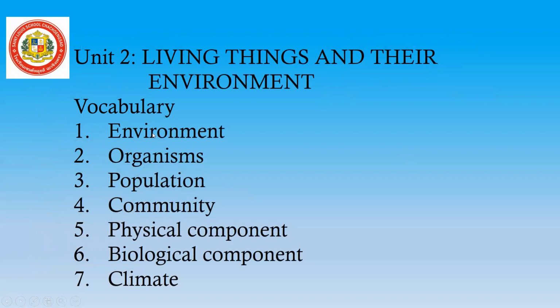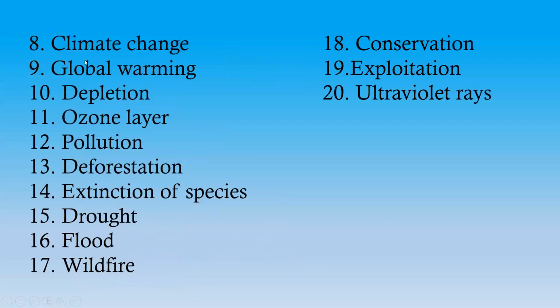Okay, let's read one more time. Follow after me. Environment, organisms, population, community, physical component, biological component, climate, climate change, global warming, depletion, ozone layer, pollution, deforestation, extinction of species, drought, flood, wildfire, conservation, exploitation, and ultraviolet rays.